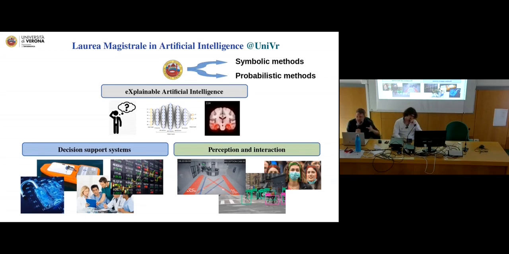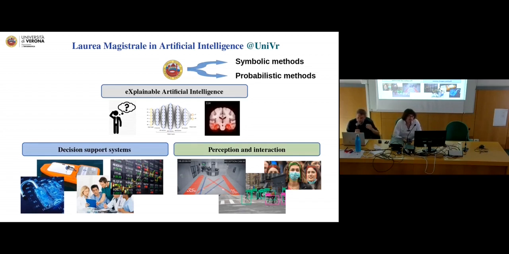tackle explainable artificial intelligence. Usually probabilistic methods are very hard to interpret, but they learn very quickly and simply from data, while logic methods usually are more interpretable but more complex to learn, to train.